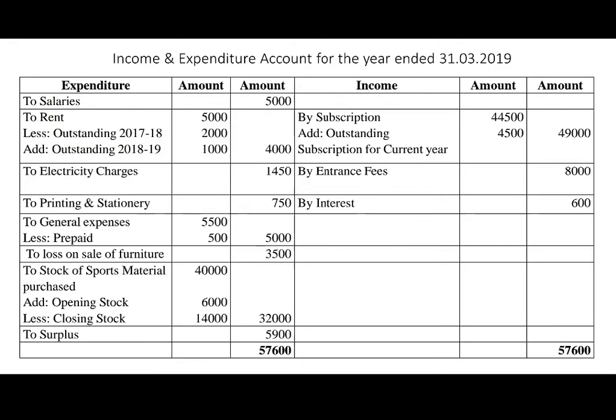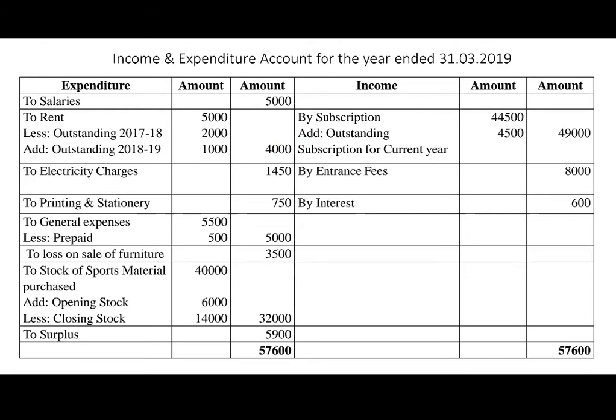So 5000 less outstanding of previous year and add outstanding of current year. After plus minus, whatever the result, you record it in the second column of the amount. Is it clear to everyone?